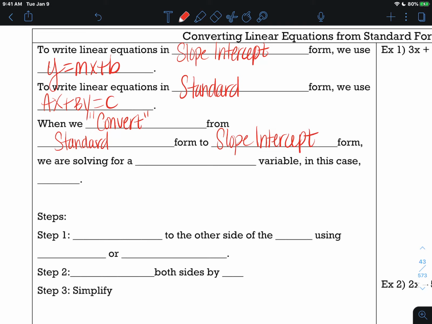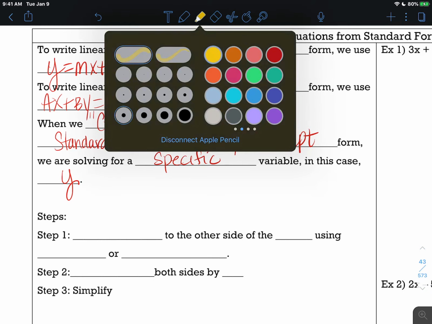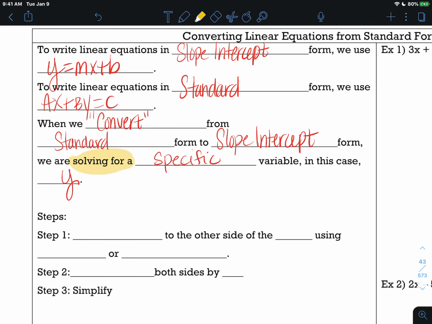we are solving for a specific variable. In this case, y. So, just a little bit of vocabulary, because this will come up again. When I say solving for, that's also the same thing as saying get it by itself.